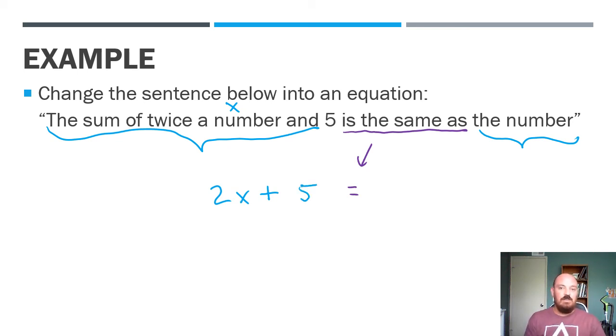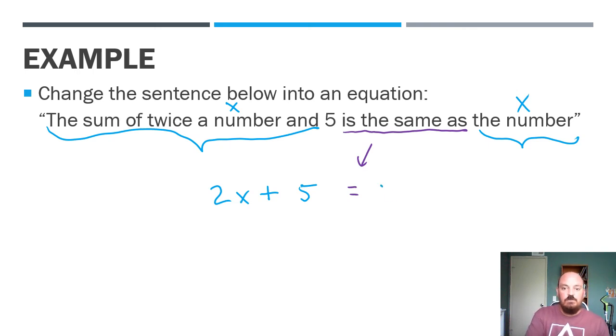So what I just did there in light blue, that's basically a Module 1 question. In Module 1 I said, let's change this into an expression, the sum of twice a number and 5. But now it says is the same as, which is our equal sign. And then what is it the same as? The number. Well, the number is x again.